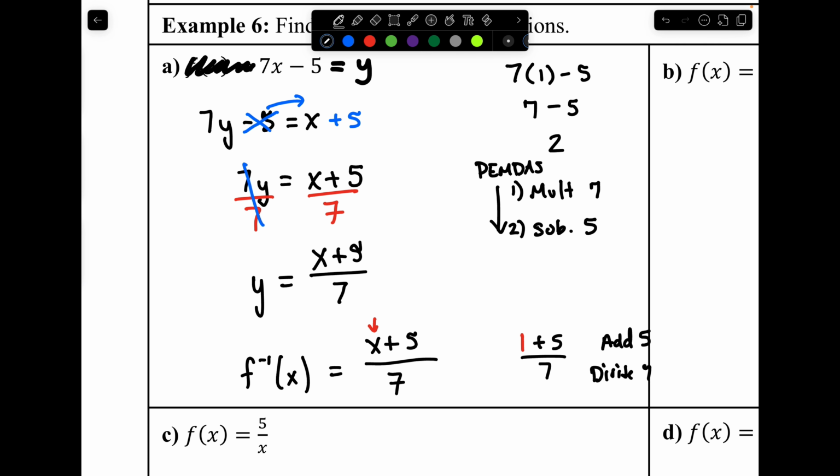Notice that that's the opposite of these operations, in the opposite order. So what the inverse is doing is undoing PEMDAS, giving us an equation that is going in the opposite direction and doing the opposite operations of what PEMDAS normally does to the original function. How neat is that? So this, like I mentioned before, is our inverse function.